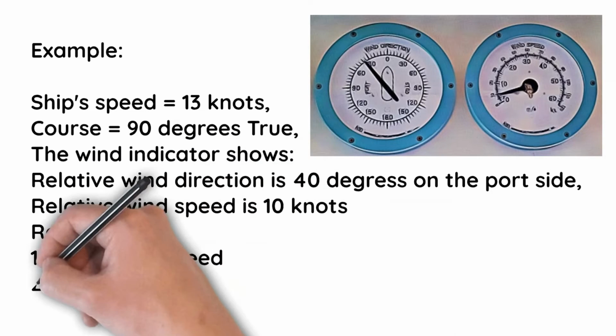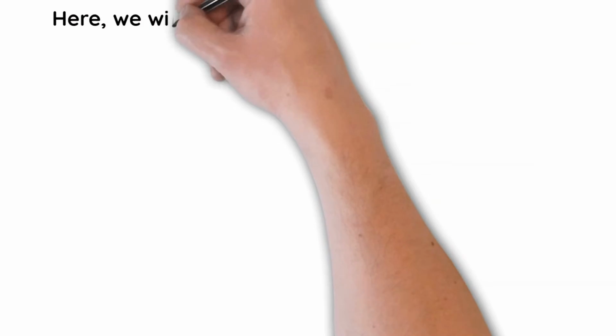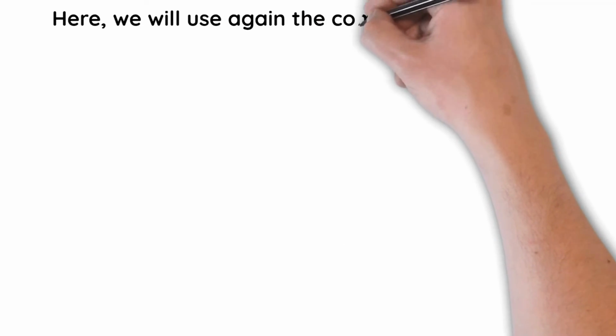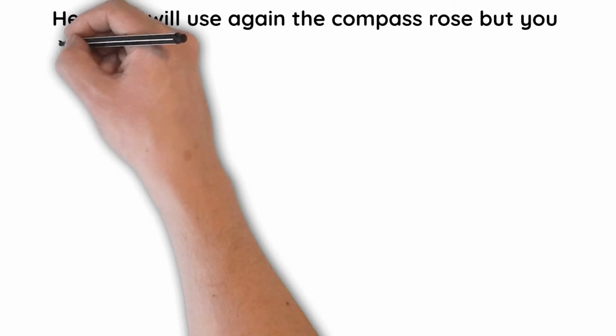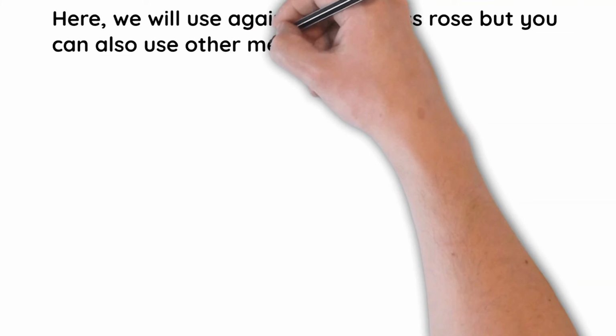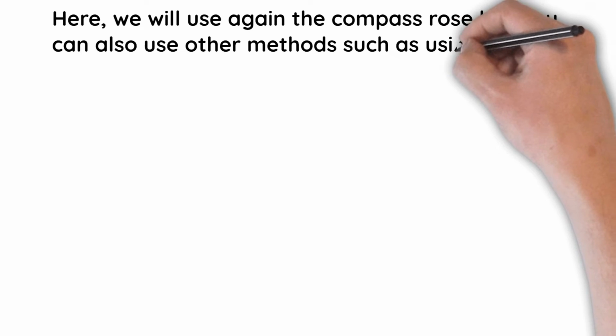True wind speed, and 2. True wind direction. Here, we will use again the compass rose, but you can also use other methods, such as using a radar plotting sheet.